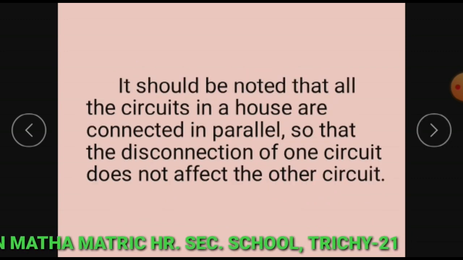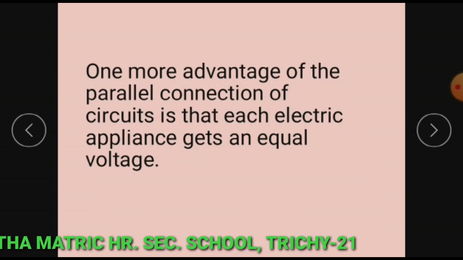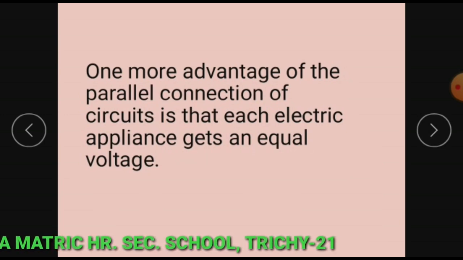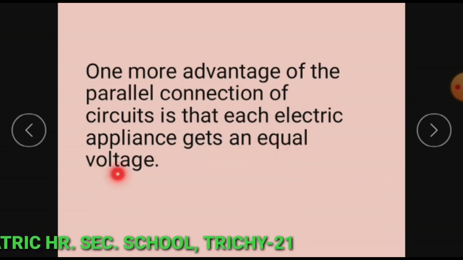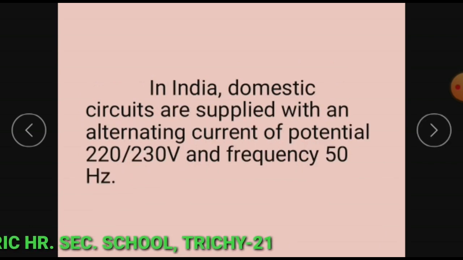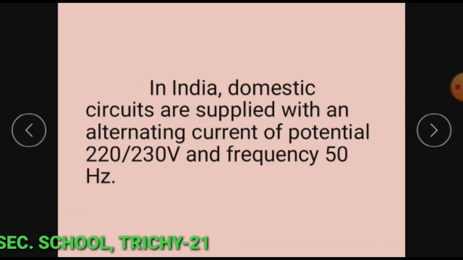One more advantage of parallel connection of circuits is that electrical appliance gets an equal voltage. In India, domestic circuits are supplied with an alternating current of potential 220 or 230 volt and the frequency 50 Hz.